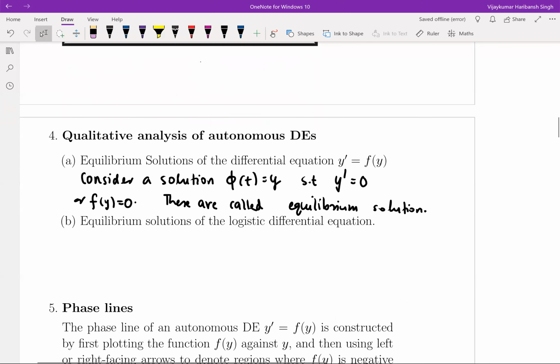So let's understand the equilibrium solutions of the logistic differential equation. So we have y prime equals r times 1 minus y over k times y. So we get y prime equals 0, which implies the right hand side is 0.